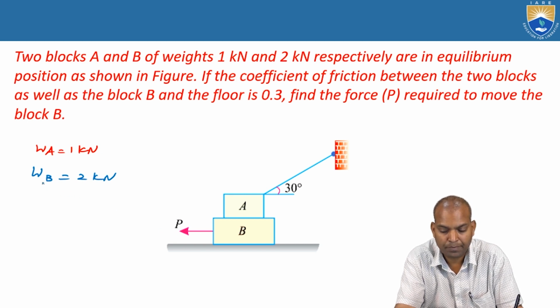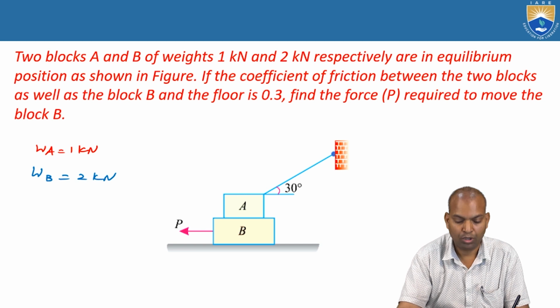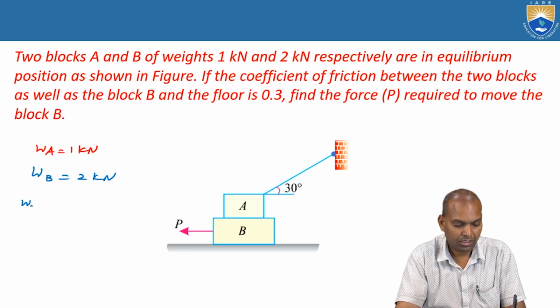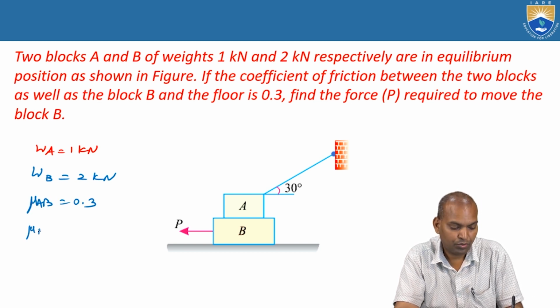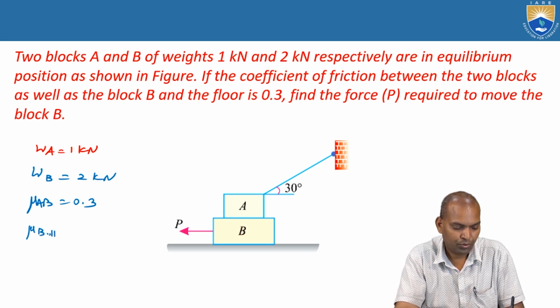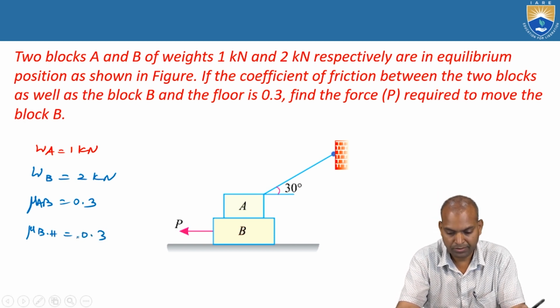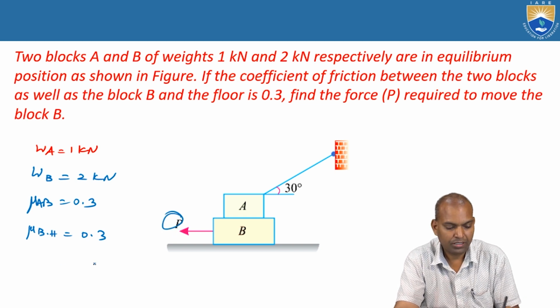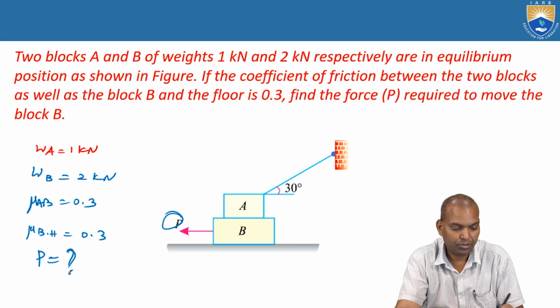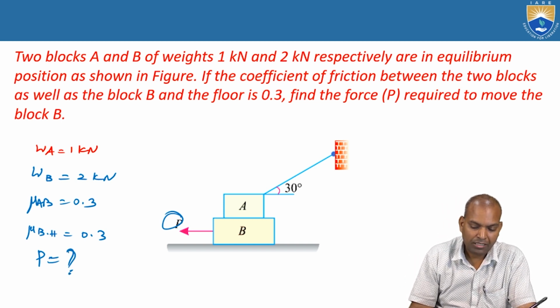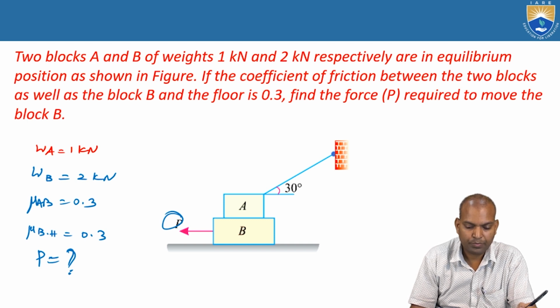The coefficient of friction between the two blocks, mu AB, is 0.3, and between block B and the floor, the horizontal surface, mu BH, is also 0.3. But we need the force P. What is the force P required to move the body? That is important here. Now how do we calculate this force P, or effort P?